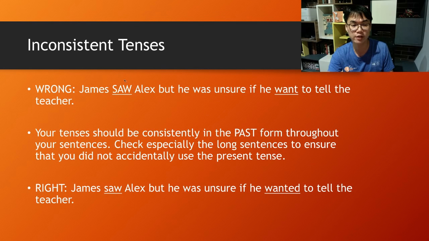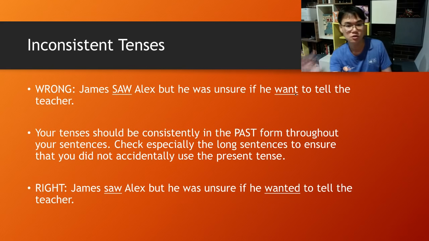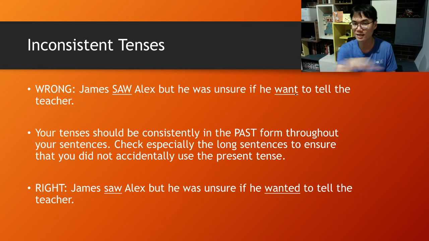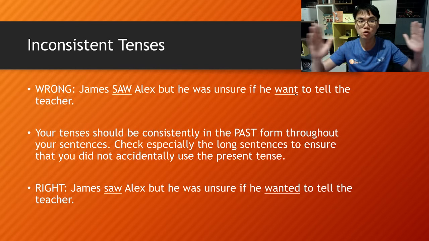The first one was correct, saw, but the second one is wrong, want. This is the present tense. It should be wanted, right? So make sure you check, especially when you're writing very long sentences, that you do not forget that your tenses must be consistently in the past throughout. And let me say this, do not make your sentences too long.